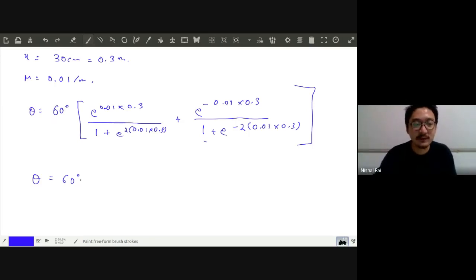So the difference in temperature, theta minus theta naught, will be 0 at this radiative rate, 0.01.